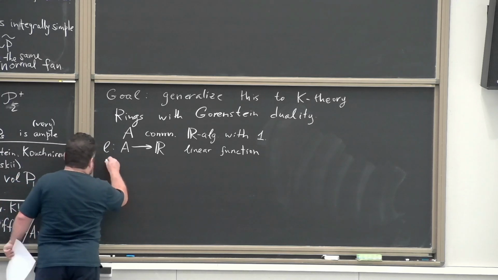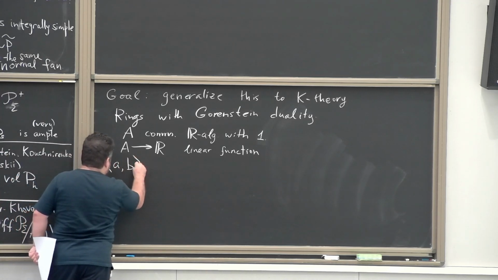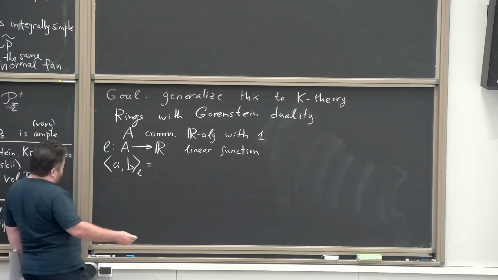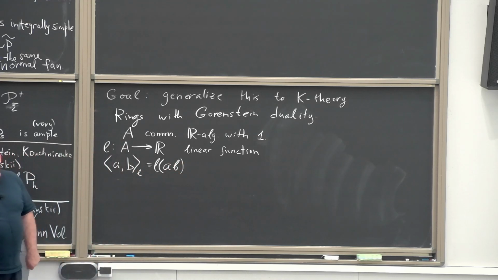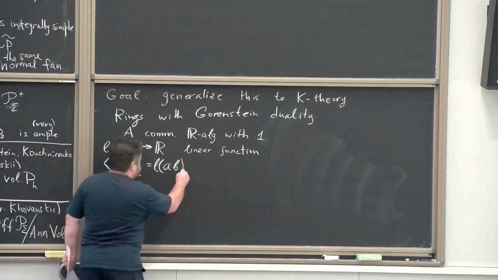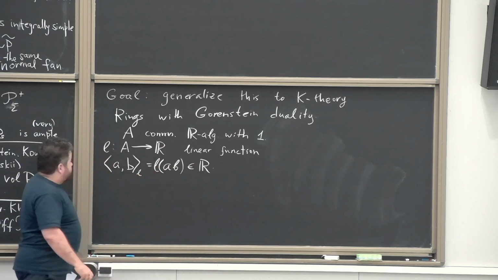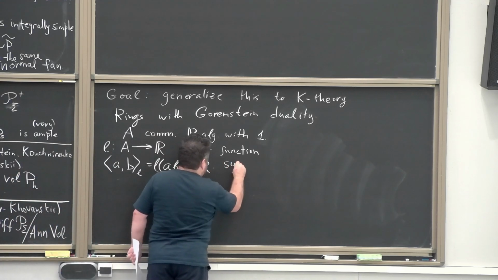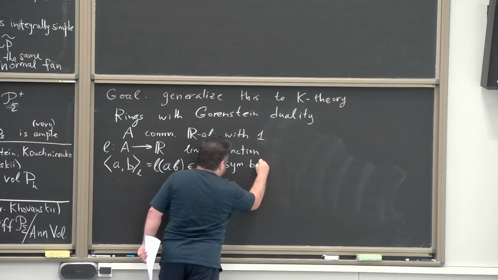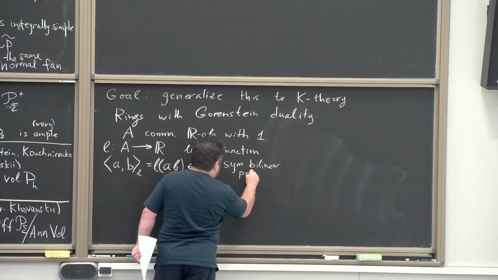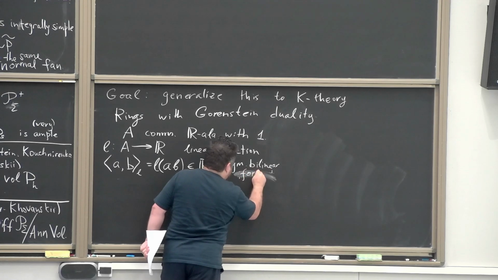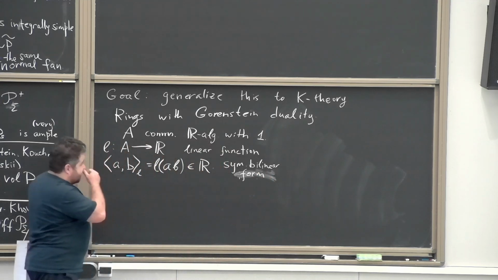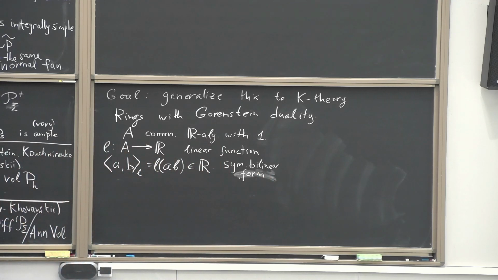The form is as follows: (a, b) sub L is just the product of a and b, to which I apply L, and I get a number. So this is a symmetric bilinear form. And I will say that this is an algebra with Gorenstein duality if this form is non-degenerate.